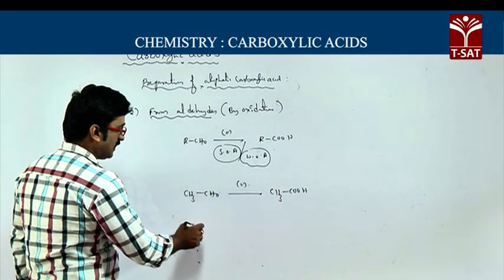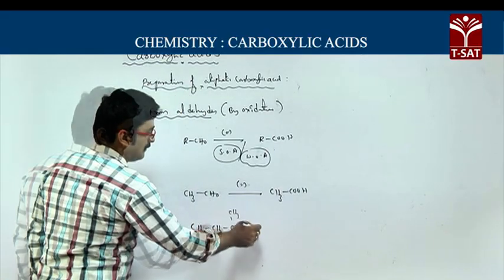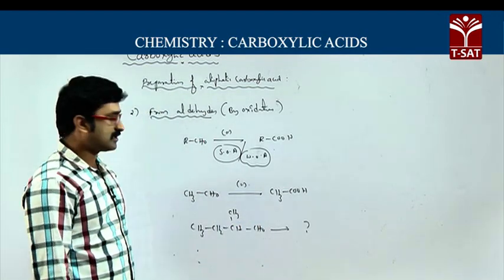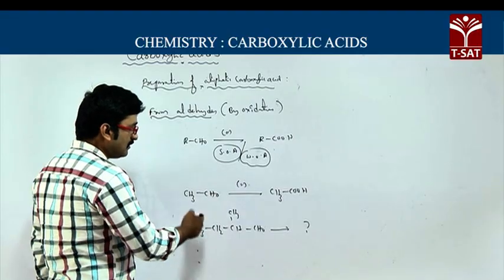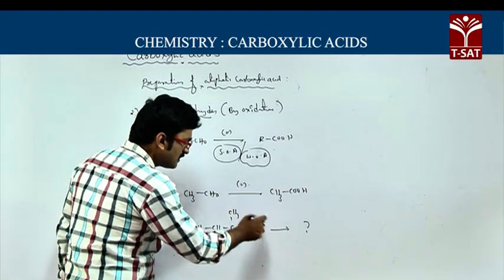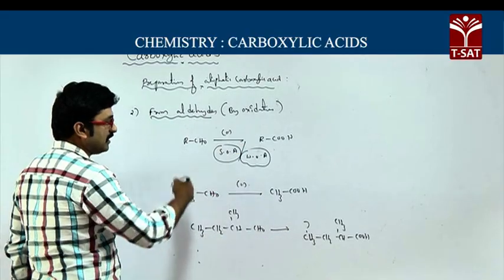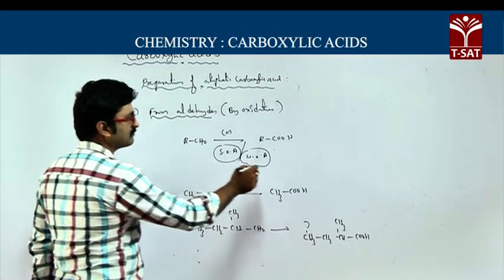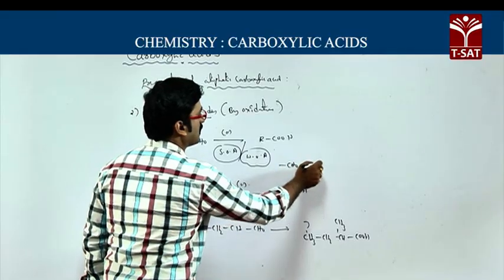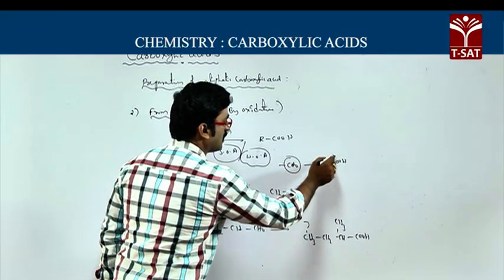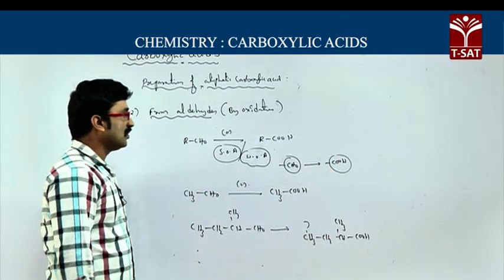Or else if you take this compound, on oxidation in the presence of a strong or weak oxidizing agent, the CHO group will be converted into COOH. So in this oxidation, very simply, the CHO group is converted into COOH. The aldehyde functional group is converted into the carboxylic acid group.